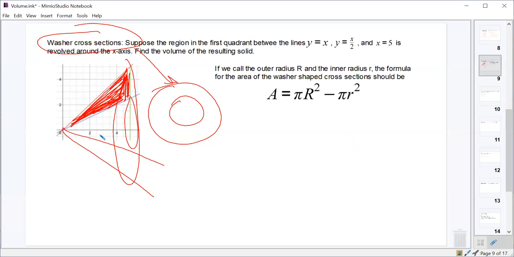And so all we have to do is find the volume of the outer piece and subtract the volume of the inner piece, or pi times the outer radius squared minus pi times the inner radius squared dx integrated from lower limit to upper limit. So we're just doing the volume of the outer piece minus the volume of the inner piece, or the area of the outer piece minus the area of the inner piece times their thickness, and then summed together. Good or no?